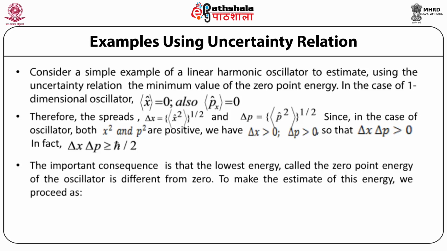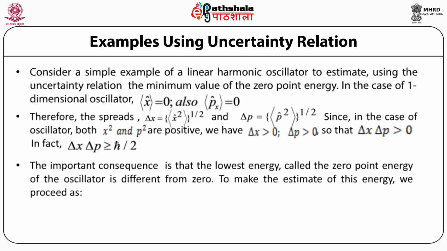Here it is important to see one point: while the expectation value of the operator x comes out to be 0 and that of the operator px also comes out to be 0, when we are calculating the expectation value of the square of the operator x and the expectation value of the square of the operator p, those values do not come out to be 0.